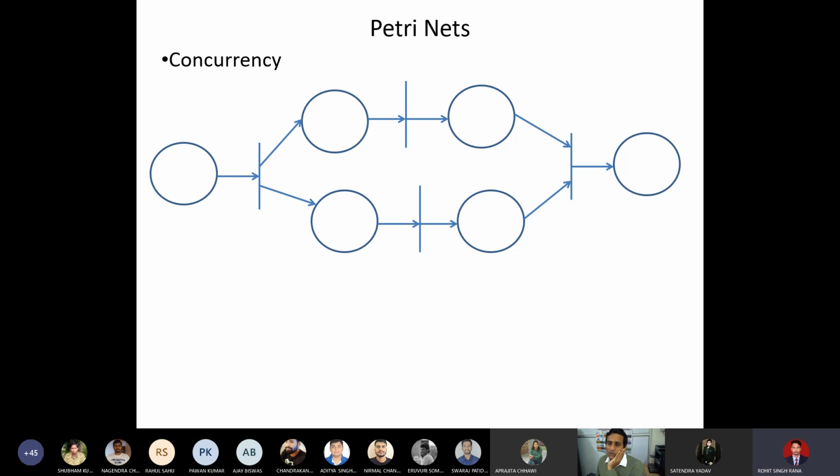No, there will be only one token, because there are two input places and one output place. Whenever a transition is fired, one token will be removed from each of the input places, and one token will be added to the output place. That is what we do.